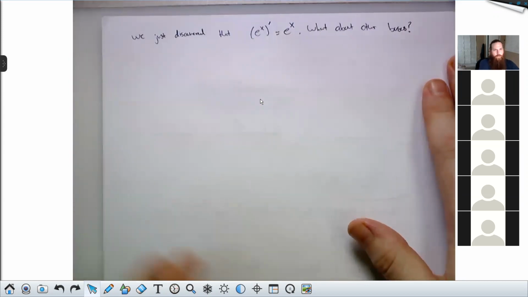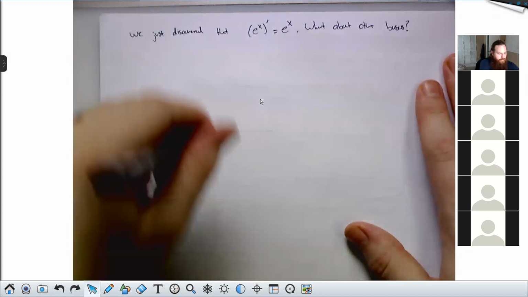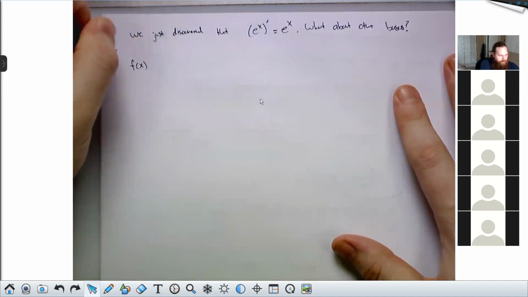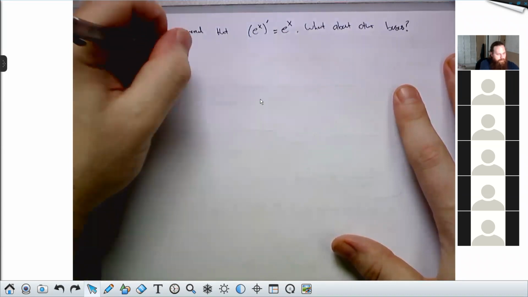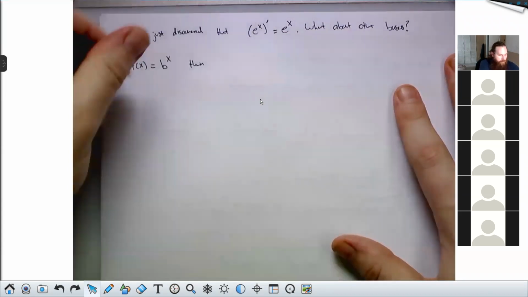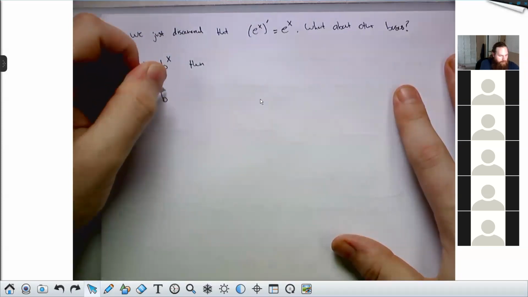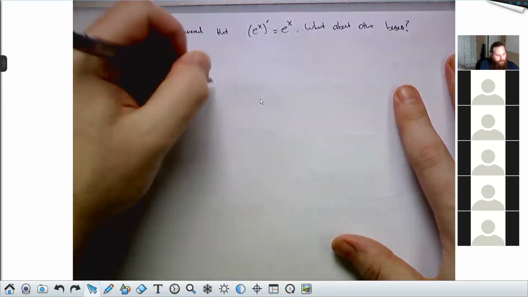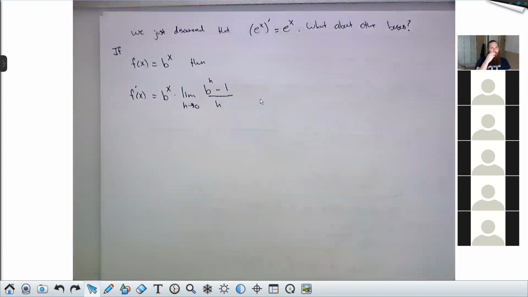I'll be able to prove this for you a different way using the chain rule when we get to that, which will be next week. But if f of x is b to the x, then the same sort of work will show that f prime of x is b to the x times the limit as h goes to 0 of b to the h minus 1 over h. It's the same work we did on the previous page, just with the letter b instead of the letter e.